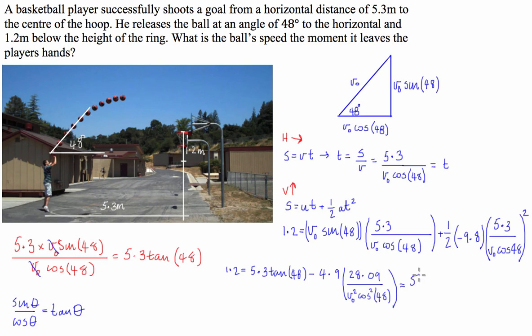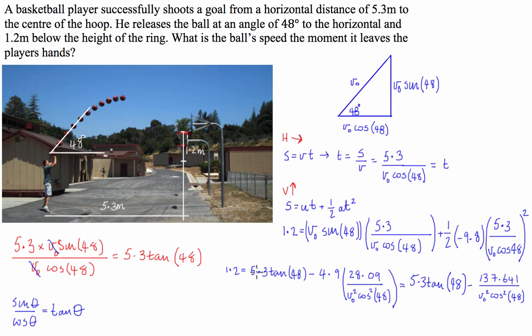It's going to be equal to 5.3 tan of 48 subtract 137.641 divided by v naught squared cos squared 48.